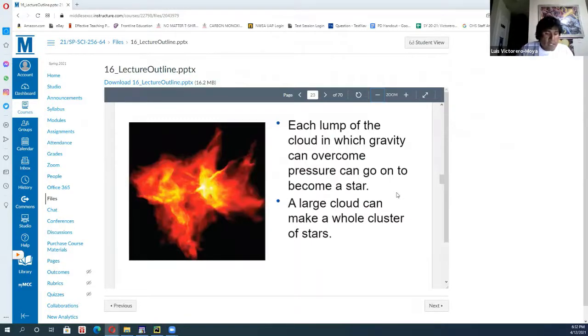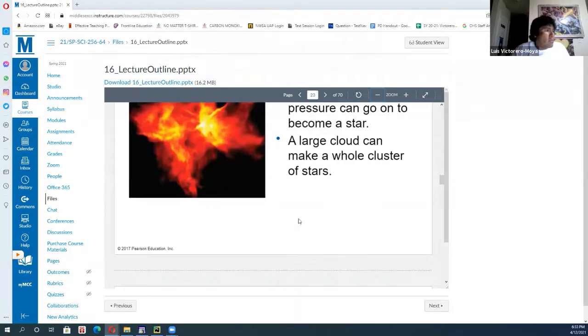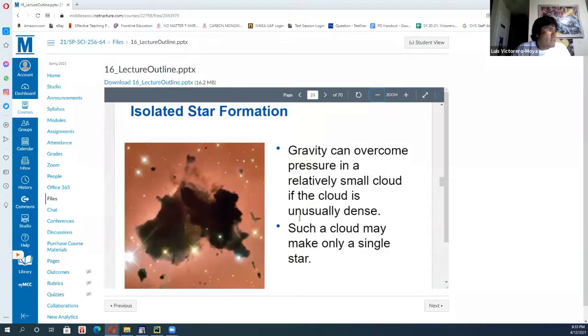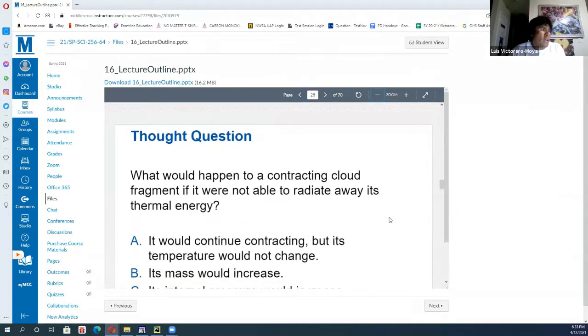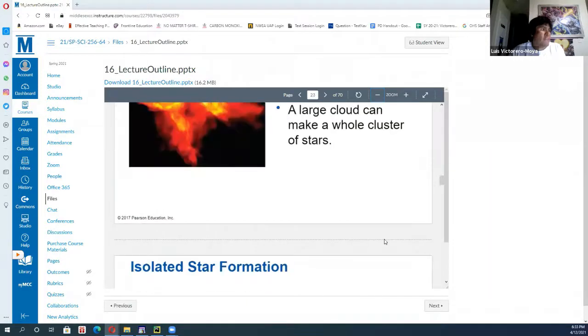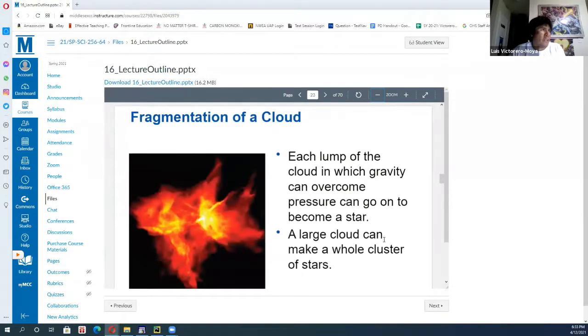All right. So now let's talk about the different types of star formation that can happen. You can have a small fragment that will give you a single star, like that. Or you can have a larger fragment, right? Where you can have a cluster of stars.